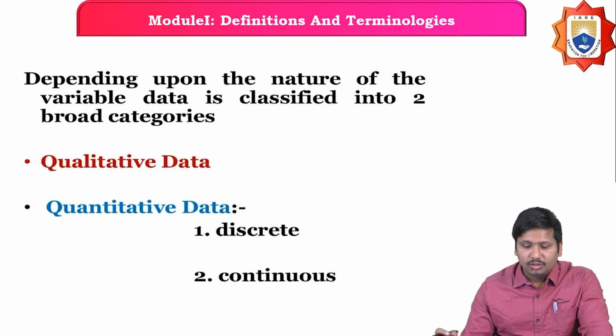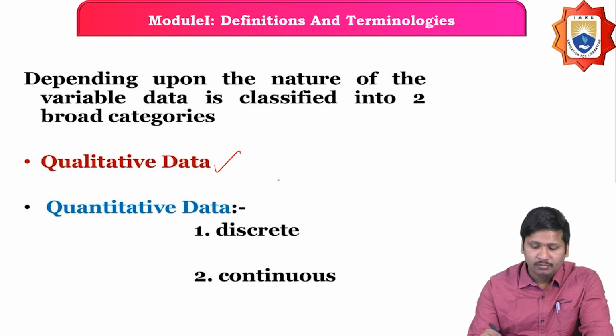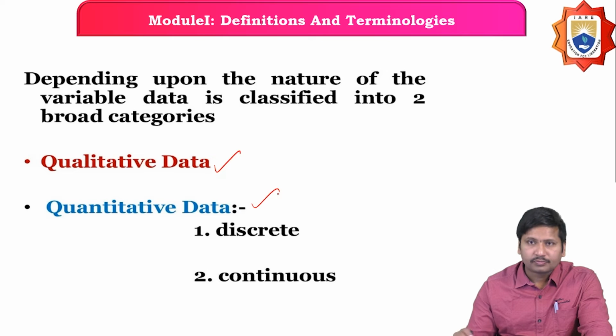How is this data normally classified? What are the different types or categories of data? First, there is qualitative data and quantitative data. Quantitative data is again divided into two categories: discrete data and continuous data.